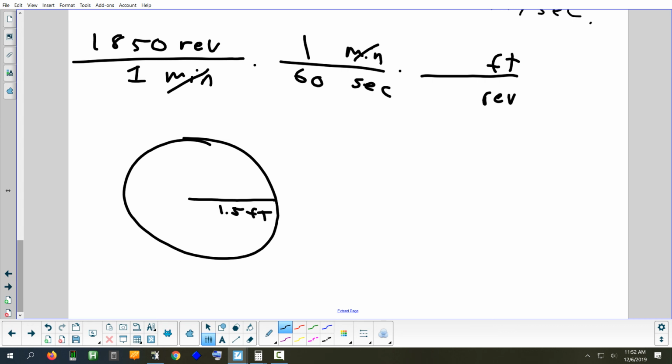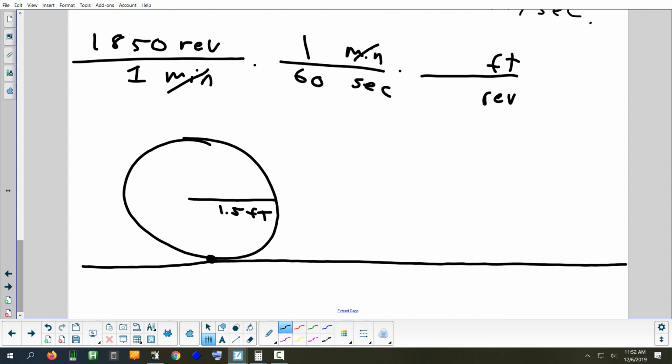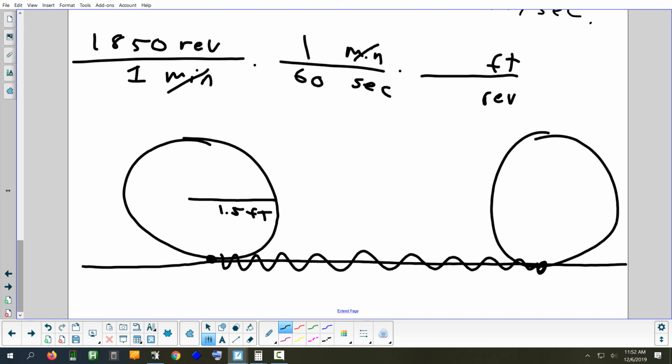Circumference. So imagine there's your circle. Pretend like it's a tire. And here's the ground. This tire rolls one time on the ground, and it ends up over here. And it changes shape too. So if it rolls one time, the distance from here to here, that straight distance on the ground, that is your circumference.